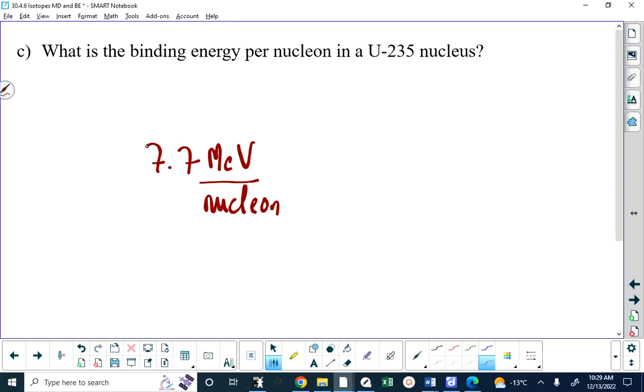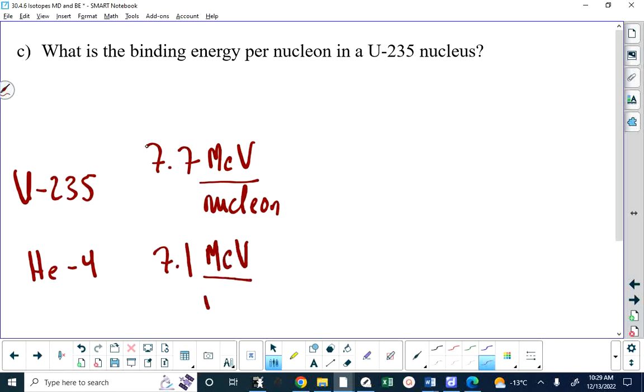So this is for uranium-235. Helium-4 was 7.1 million eV per nucleon. On average, in uranium, there's more energy holding the nucleus together per nucleon than there is in helium-4, which means uranium-235 is more stable. It's held together tighter.